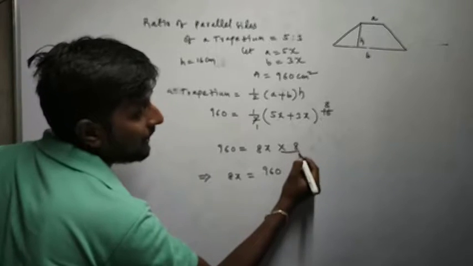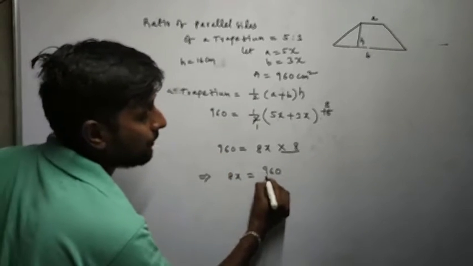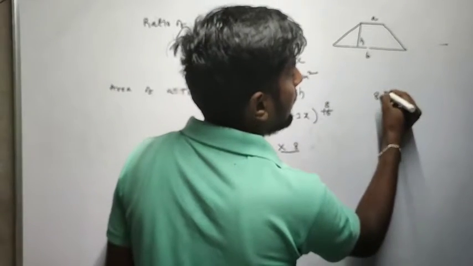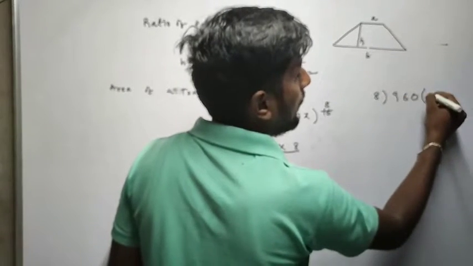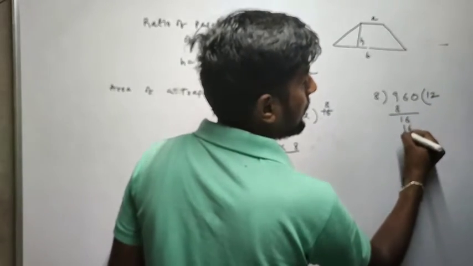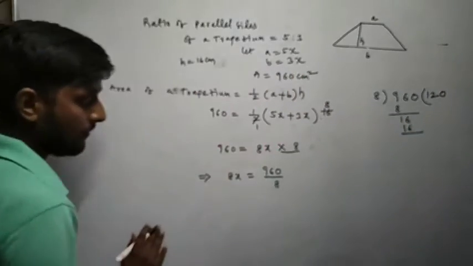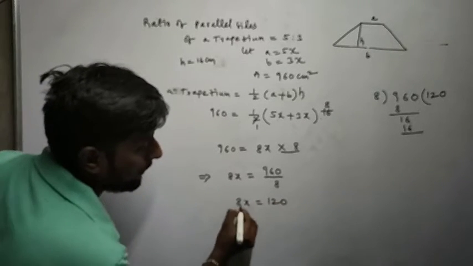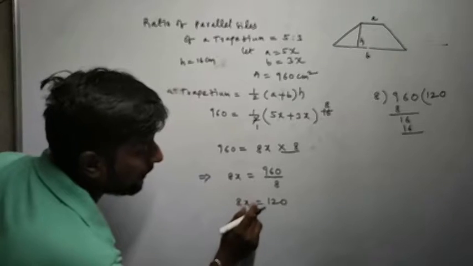Here 8 is doing multiplication. When it comes to the RHS side, it will do the opposite action, that is division. Look at 8 into 960. 8 1s are 8, 16, 2s are 16, we have 0 0. So 8x is equal to 120. But 8x means 8 into x only.